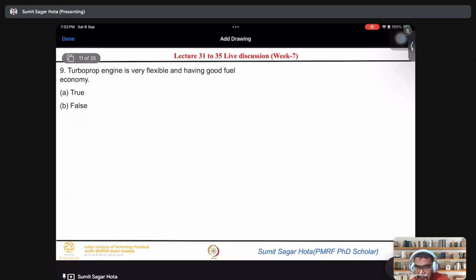The turboprop engine is very flexible and has good fuel economy. This is obviously a true statement.